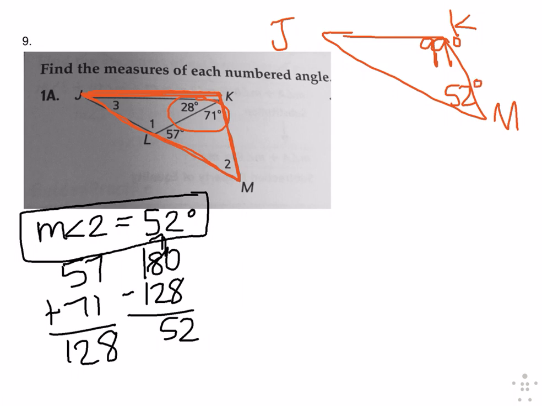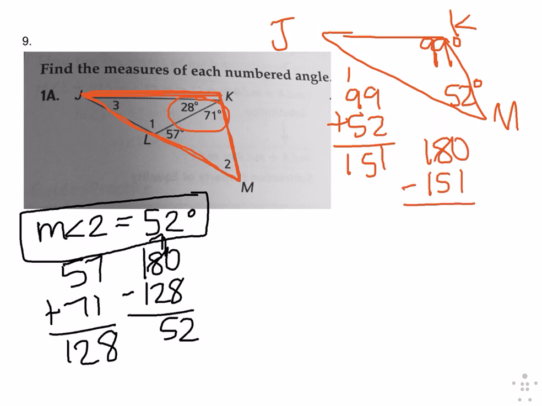So then to find the measure of angle J, I could add these two together. And then I can subtract from 180 degrees. So that means that the measure of angle J, or actually, let's go ahead and show that that was actually angle 3. So the measure of angle 3 is 29 degrees.